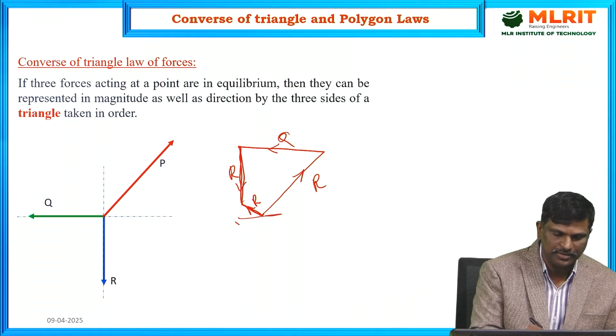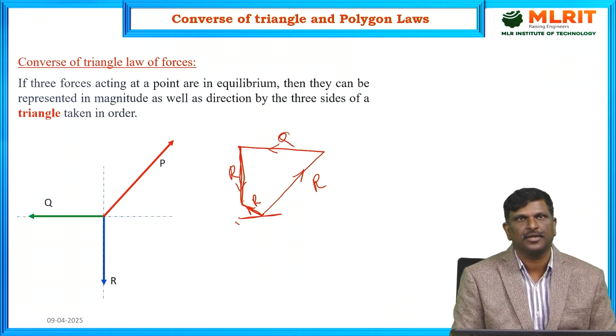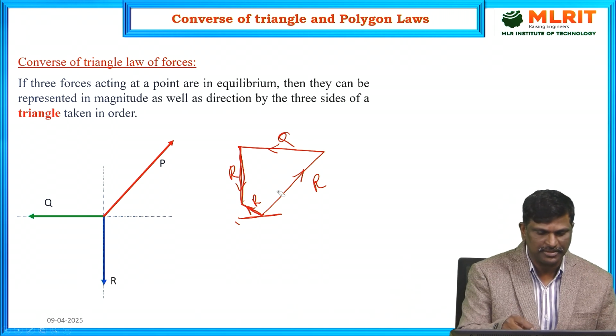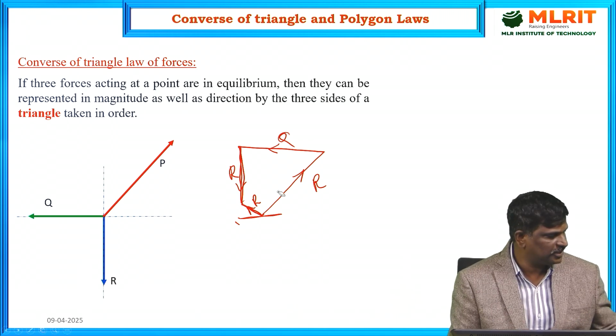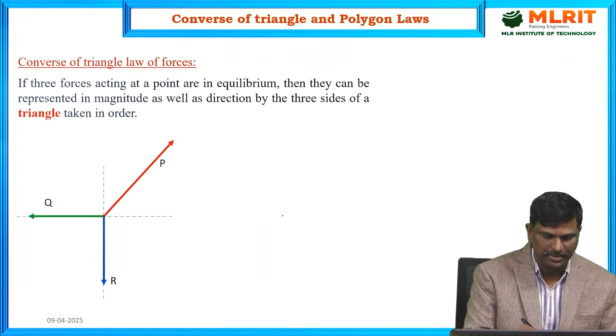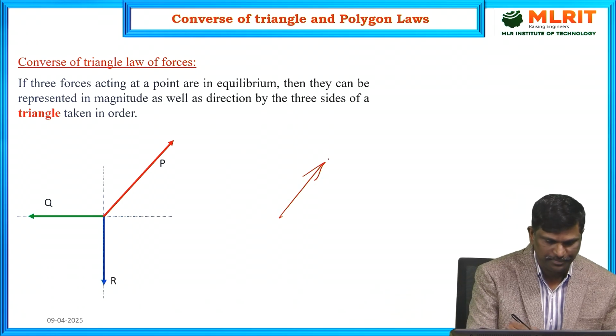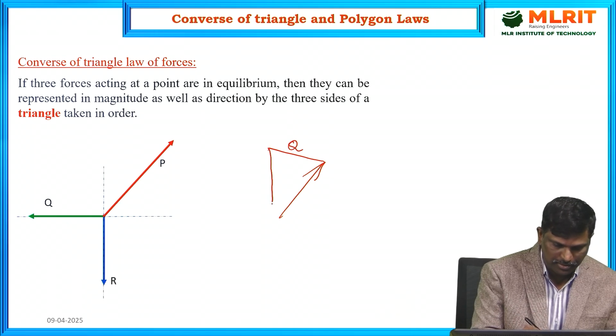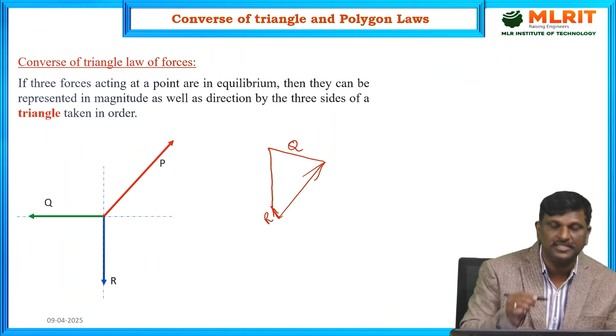This is what the polygon law of forces states, that if forces acting on the body are taken in order like this, P, Q and R, the closing side of the polygon will represent the resultant.